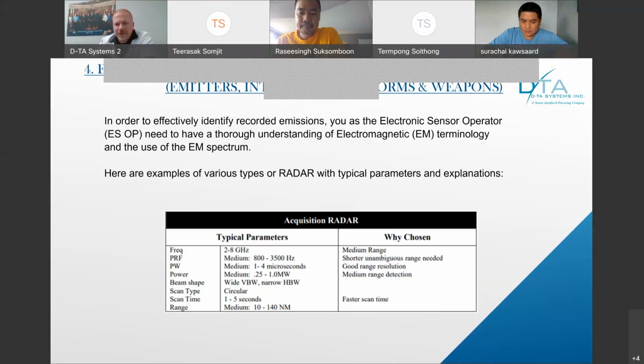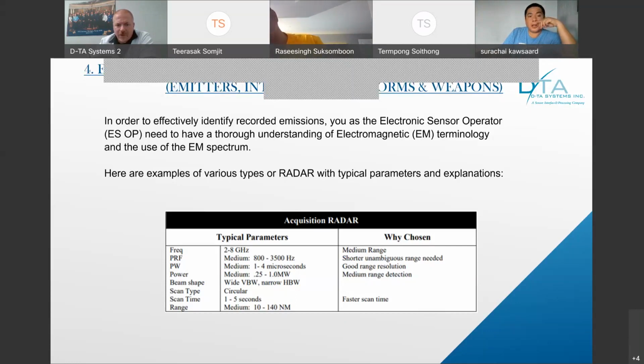So our first one is an acquisition radar, typically in the 2 to 8 gig area for frequency. PRF can be anywhere from 800 to 3500 hertz with a pulse width of 1 to 4 microseconds. The power is medium, 0.25 to 1. The beam shape can vary from wide to narrow.